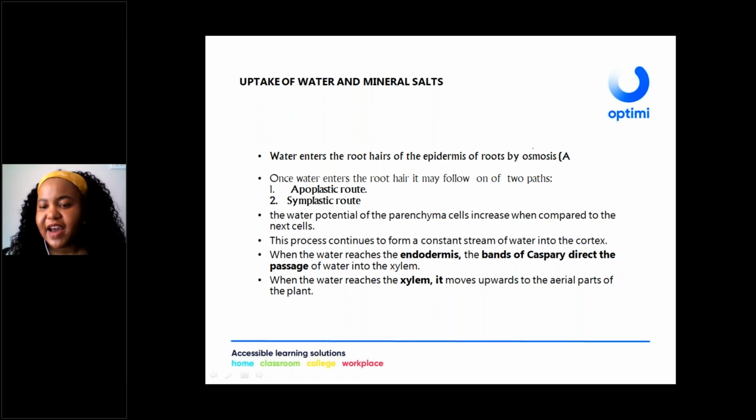Okay, now let's interact a bit. Do you guys remember what osmosis is? Okay, whoever knows what osmosis is, can you please type it in the question box? Osmosis.